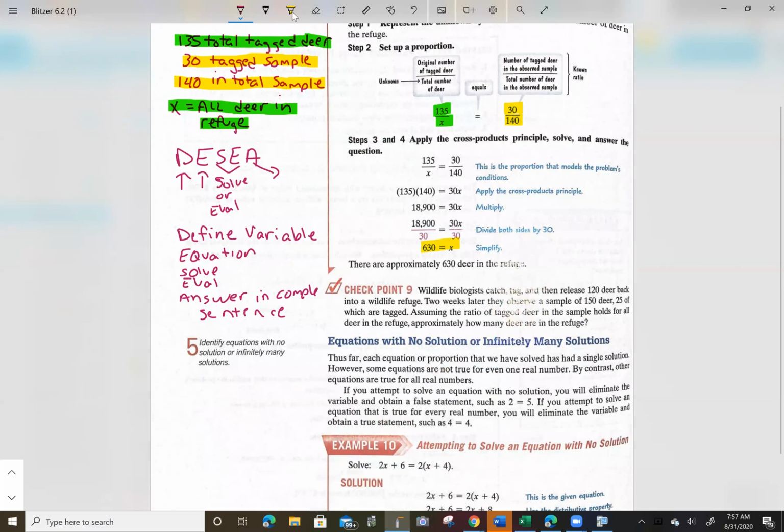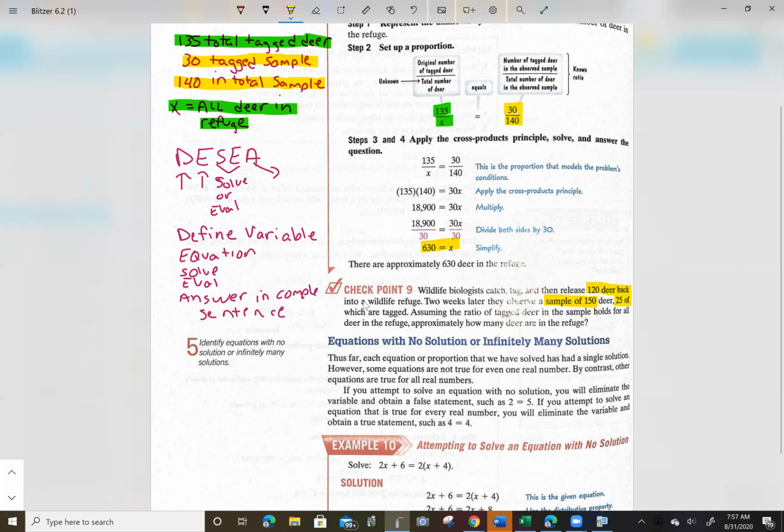Okay, so your checkpoint: they catch, tag, and release 120 deer back into a wildlife refuge. So that's the total number tagged. 150 is the total number in the sample they re-catch. And 25 is the number in that sample that are tagged.